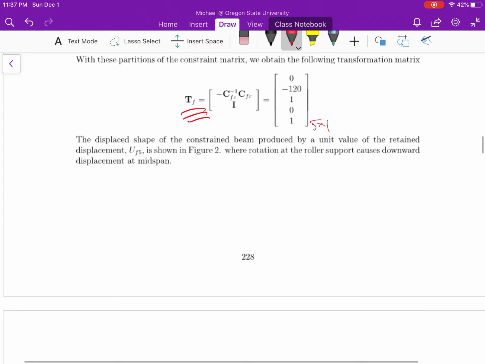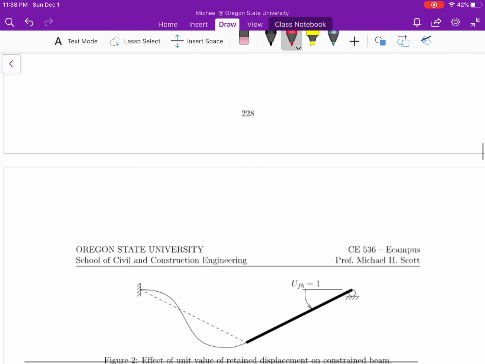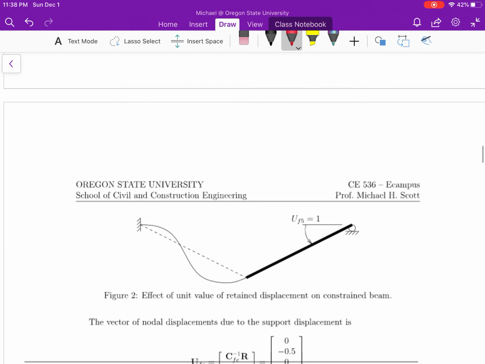Okay, so this is 0, negative 120, 1, 0, 1. So that indicates that we have this as our displaced shape when we have a unit value of our one and only retained displacement. So down here, this rotation is 1.